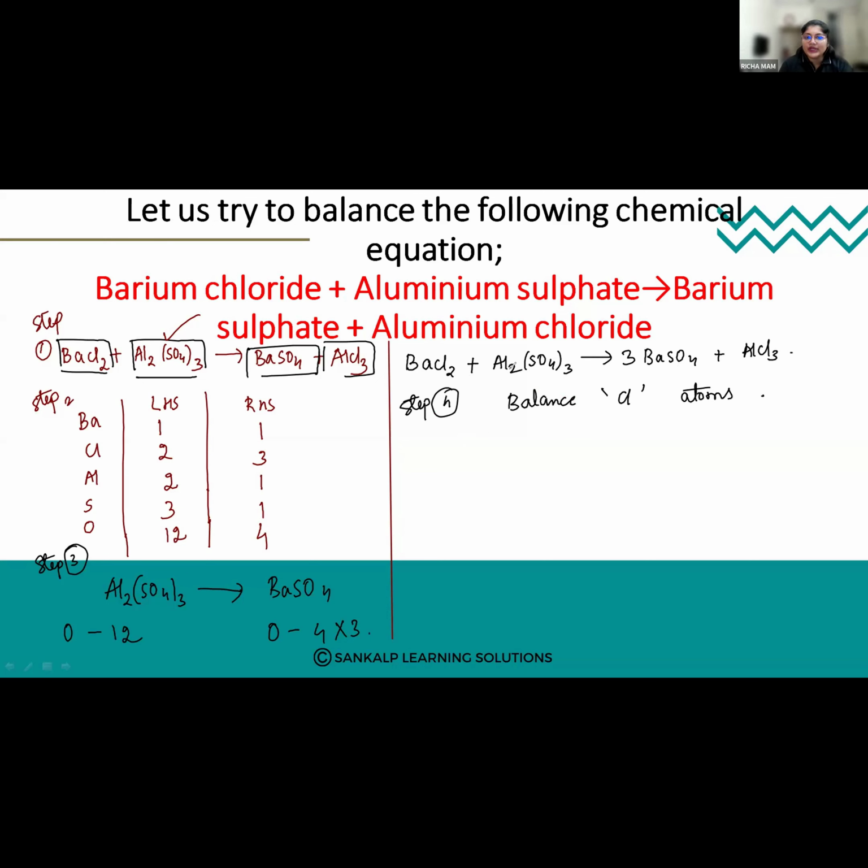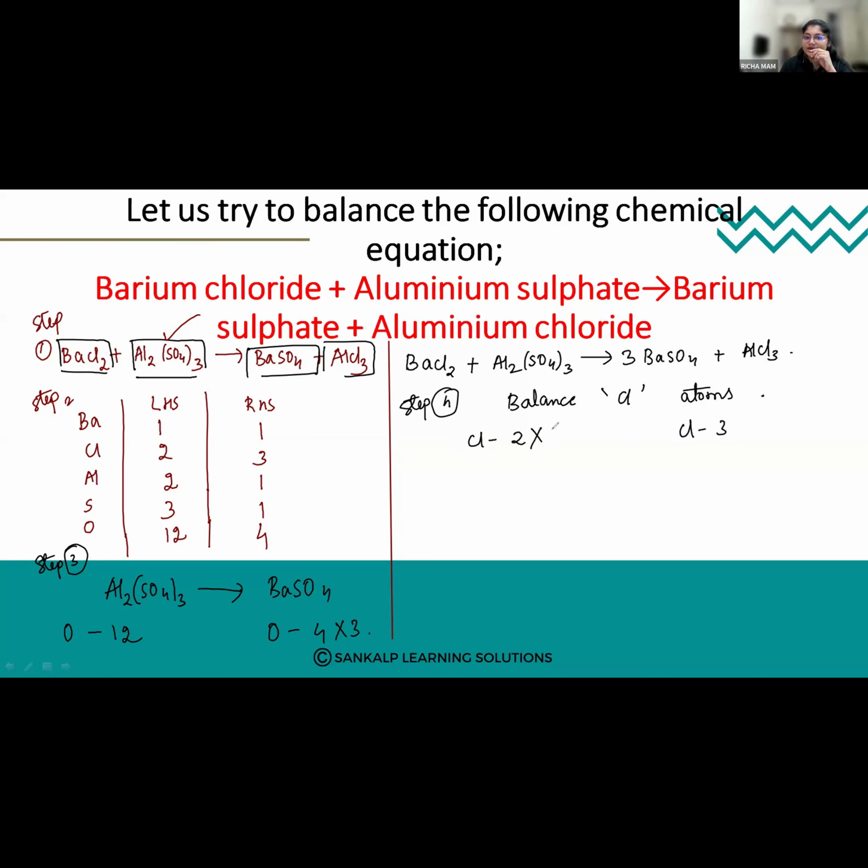Now how many chlorine atoms are present here? Chlorine atoms are 2. Here chlorine atoms are 3. So what am I going to do? If I multiply with a common number, here it is 2, here it is 3.